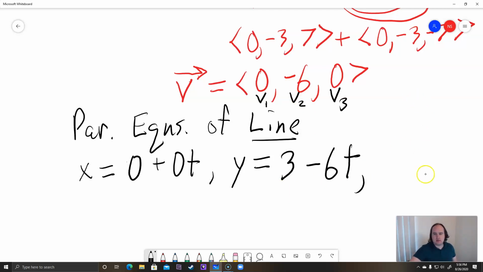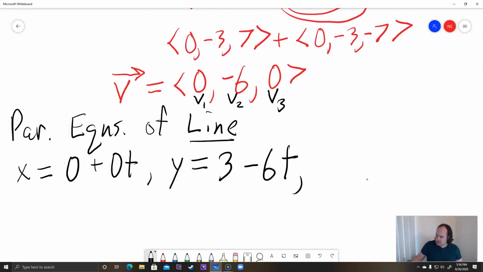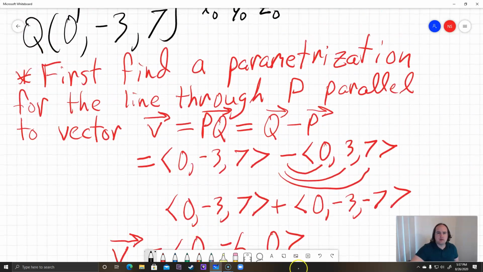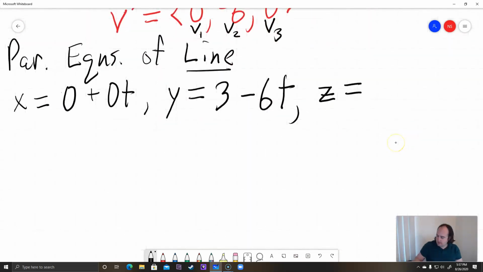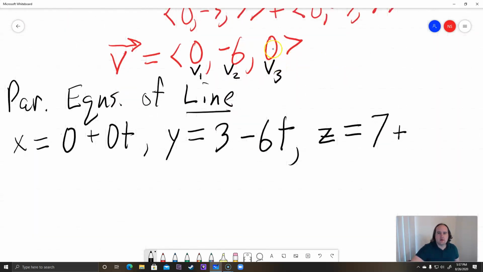Okay, and then we still need our z component. So our z component here is once again going to be z equals z naught. So our z naught here is 7 plus tv3. So our tv3 is going to be t times 0, which is 0t.